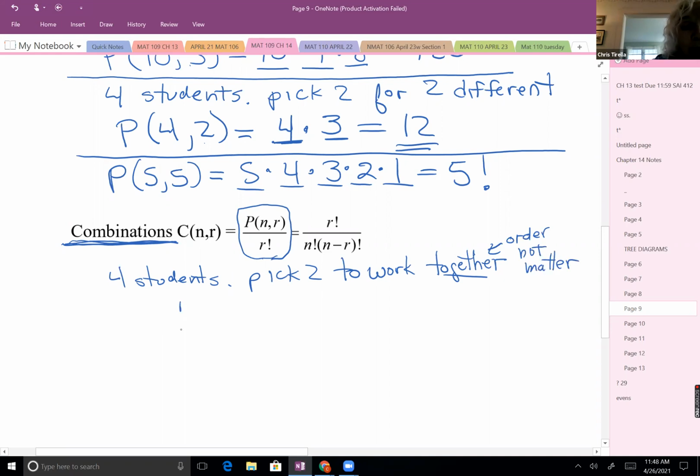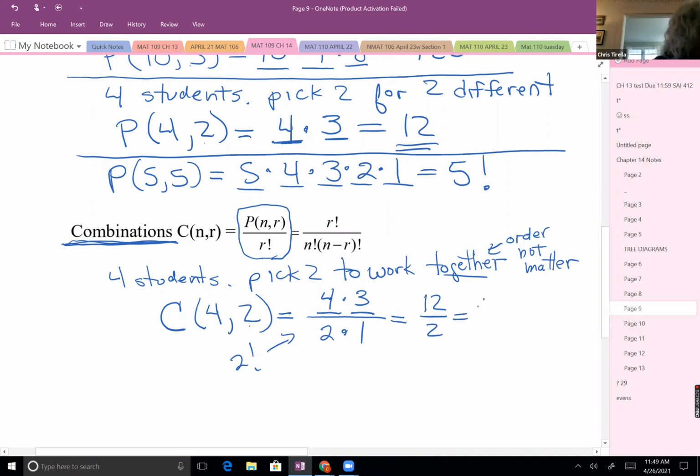And so that's a combination from 4, we're choosing 2. To find that combination, we do like the permutation, 2 slots, starting with 4. But then in the bottom, we put our 2 factorial, which is 2 times 1. And so that gives us 12 over 2, or 6.